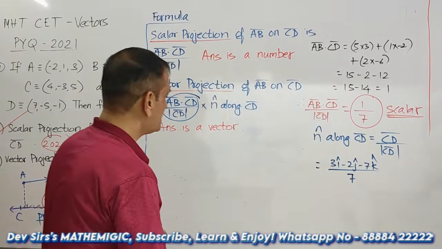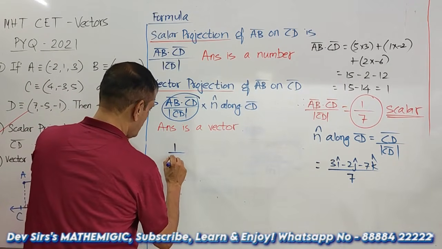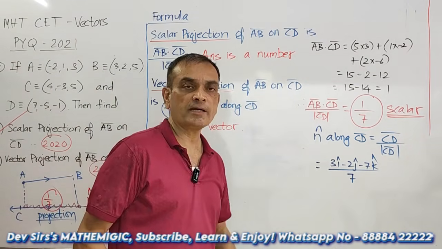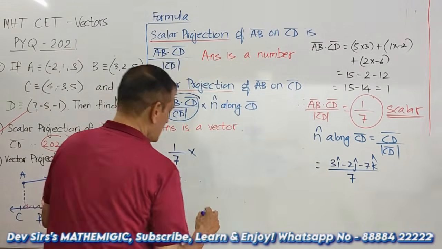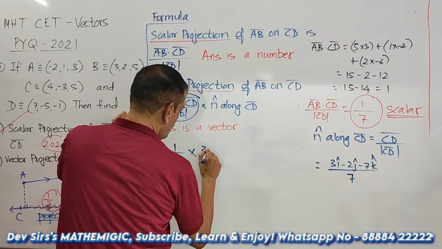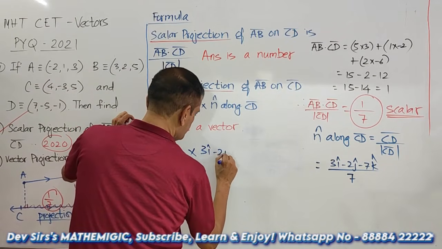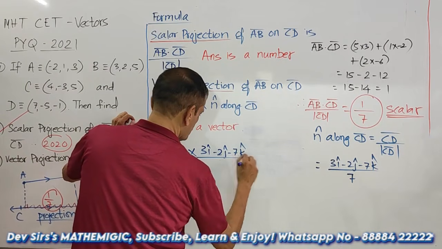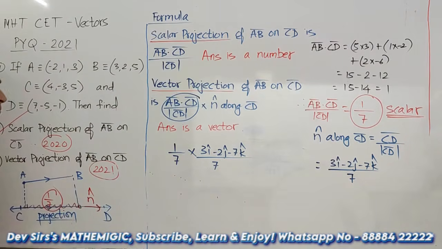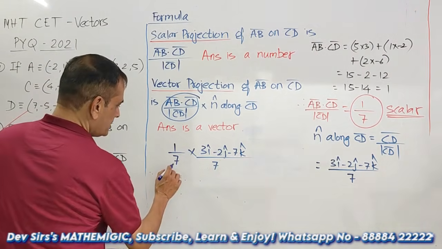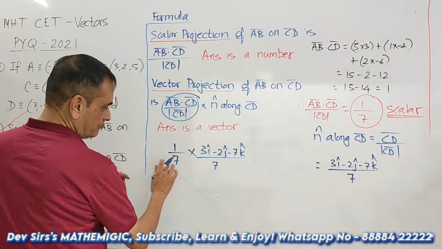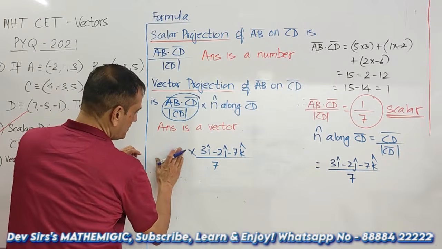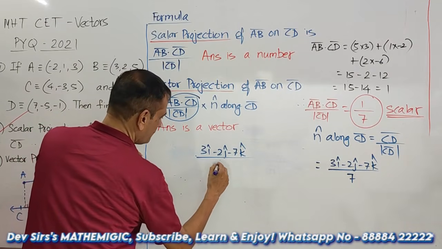We already have the answer, 1 by 7. n cap along CD, the unit vector along CD, we have just found. We will simplify a little. 7 into 7 is 49. I'll do it here itself. 7 into 7, these are just pure numbers. 7 into 7 gives you 49.